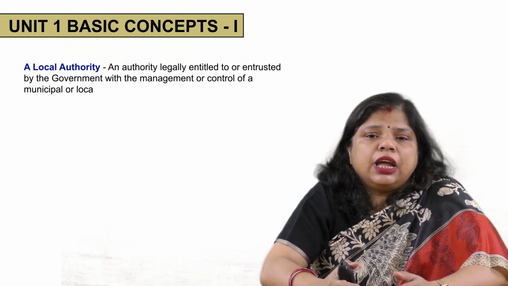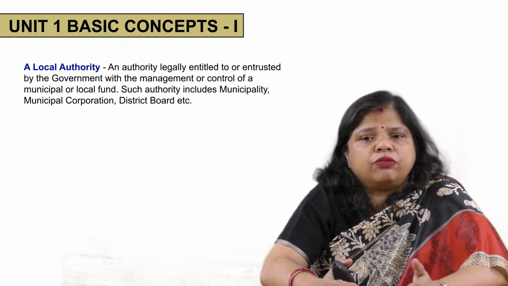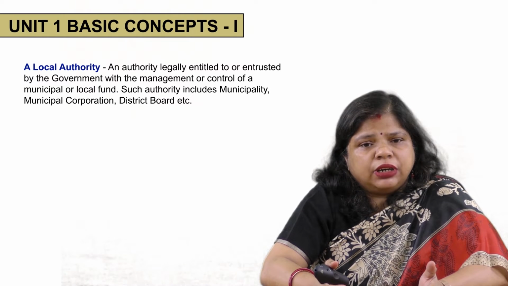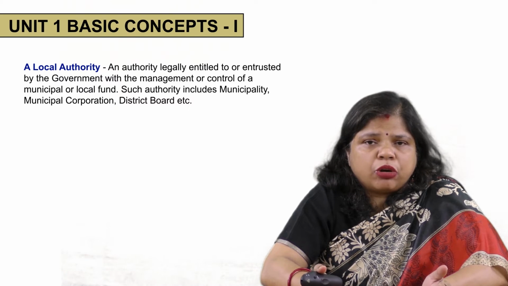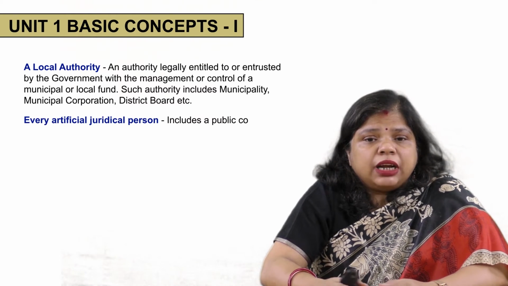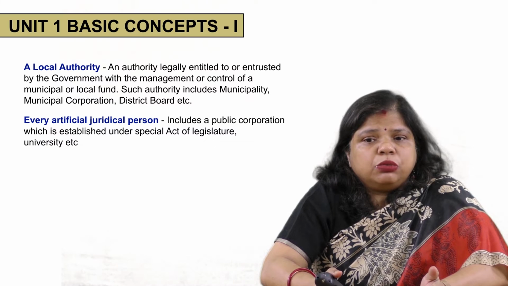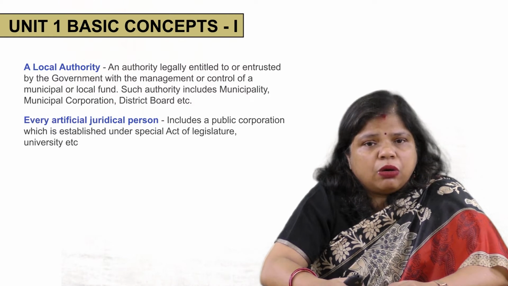Local authority is an authority legally entitled or entrusted by the government with the management or control of a municipal or local fund. Such authority includes municipality, municipal corporation, district board, etc. Then every artificial juridical person includes a public corporation which is established under a special law.